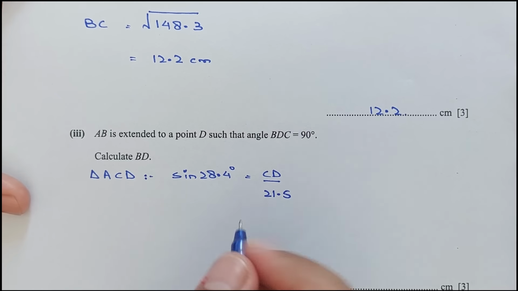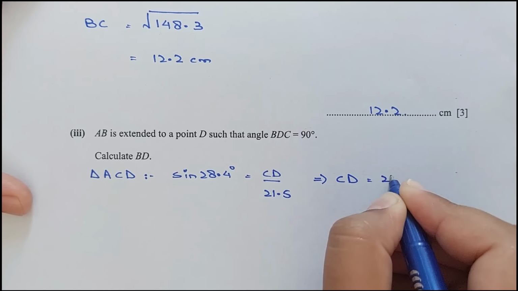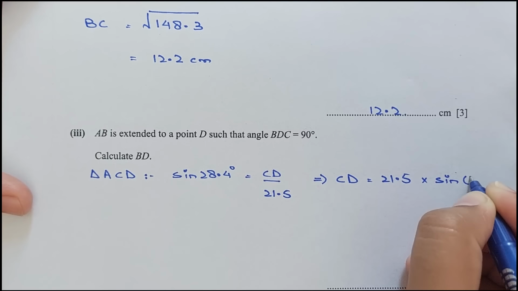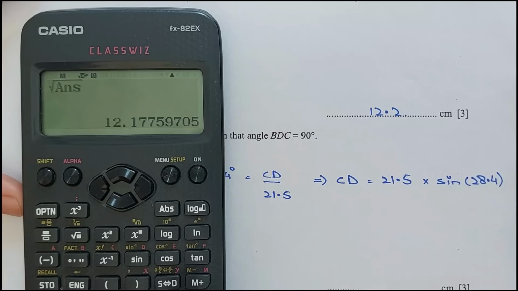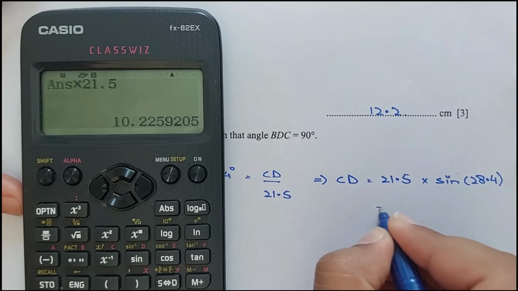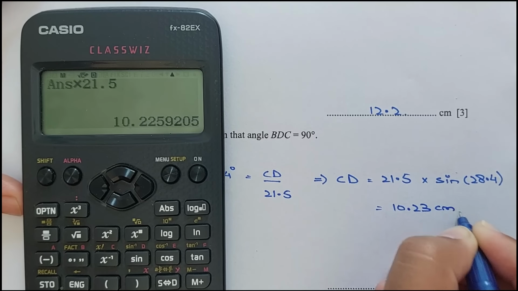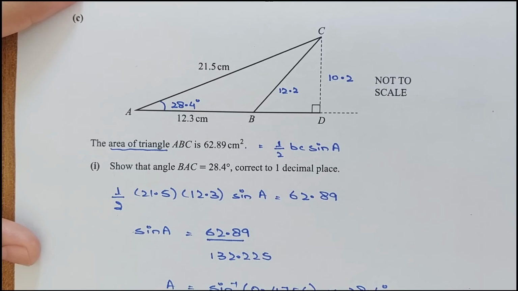Let me solve for CD from here. So CD equals 21.5 into sine of 28.4. Simplify sine 28.4 and times it by 21.5. That is 10.23 centimeters. This is CD. We got 10.2 centimeters.